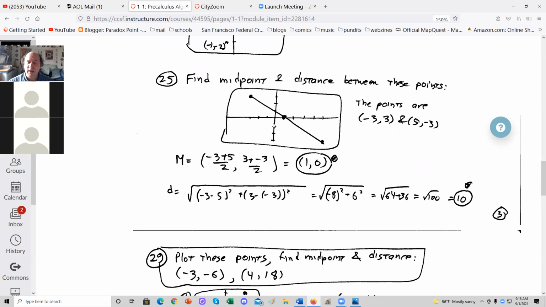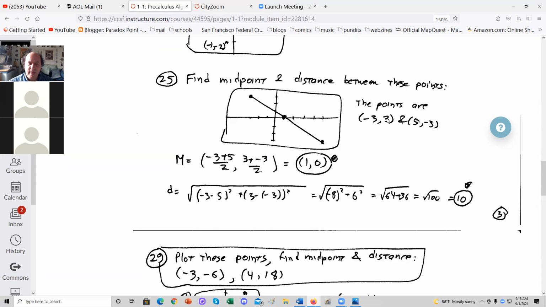Well, they just graph these in the book, but we can see that this point here is back 3 and up 3, so it's negative 3 by 3. This point here is over 5 and down 3, so at 5 by negative 3. For the midpoint, we take the average of negative 3 and 5 over 2, and the y value, 3 plus negative 3 over 2. After a small amount of work, it's at 1 by 0.